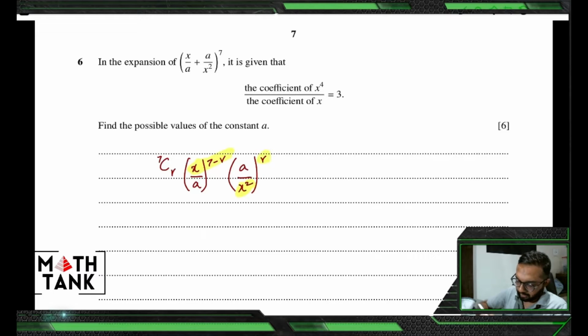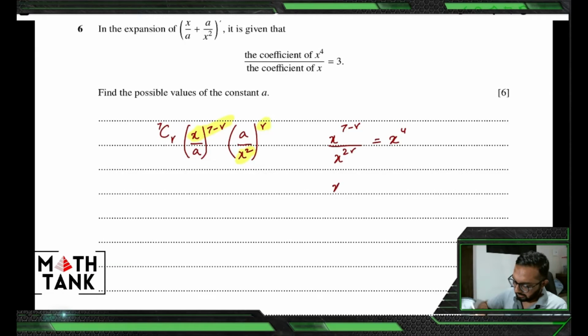So now what power do I need? The expression that I have is x power 7 minus r, x power 2r in the denominator, and I want it to be equal to x power 4 first. So 7 minus r minus 2r equals x power 4. So 7 minus 3r should equal 4 and r should equal 1.